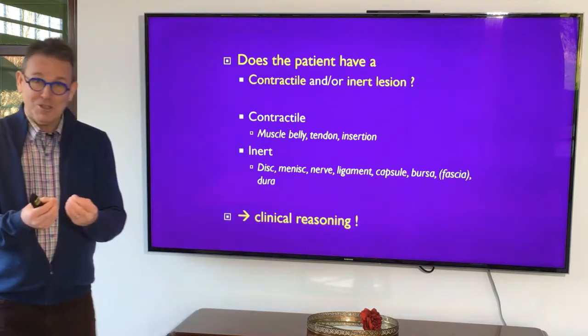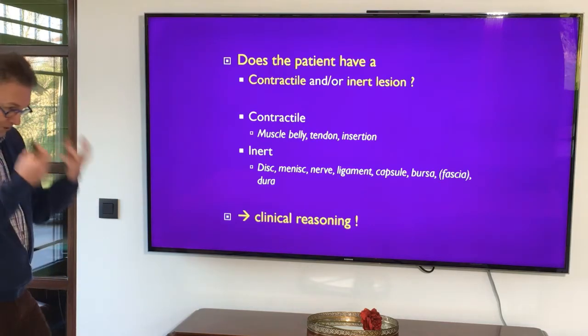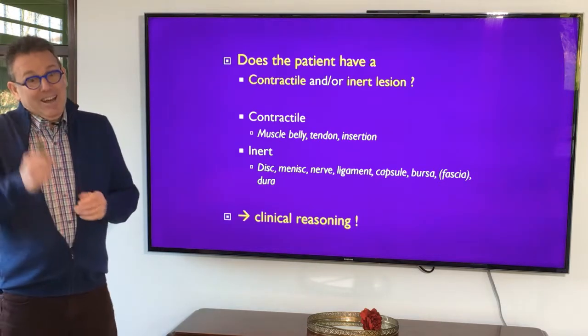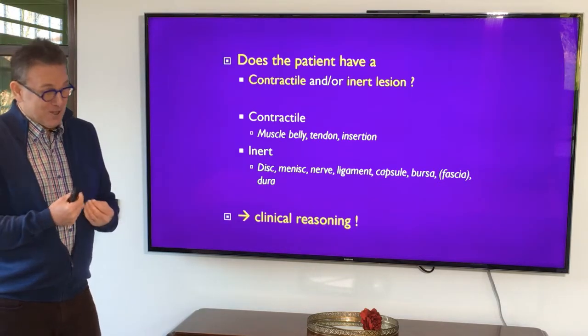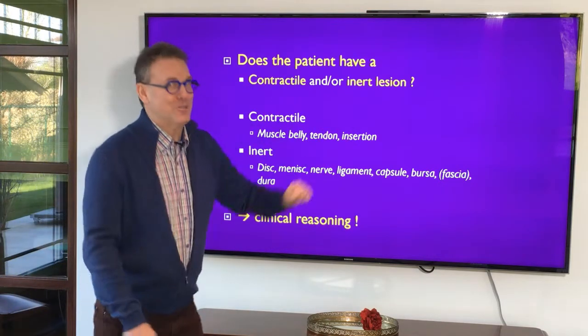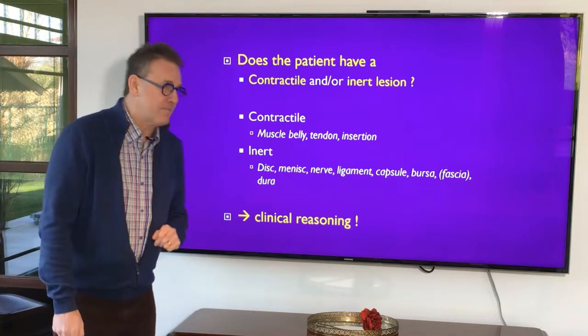So the purpose is we make a distinction between two groups, and therefore we need objective clinical reasoning. Of course, the more difficult situations are the ones where the patient has a contractile lesion and an inert lesion at the same time. But that makes life exciting.